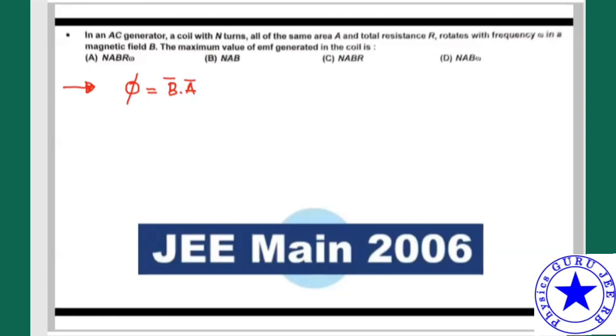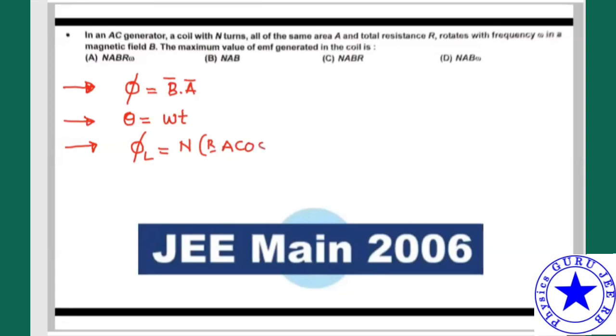Now when the coil is at an angle theta, theta equals omega t. Then the total flux linked with the coil is N into B A cos of omega t.